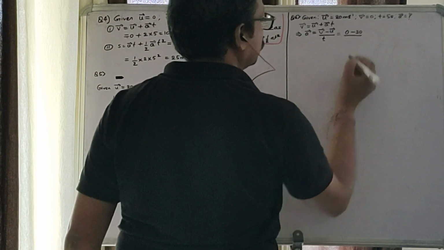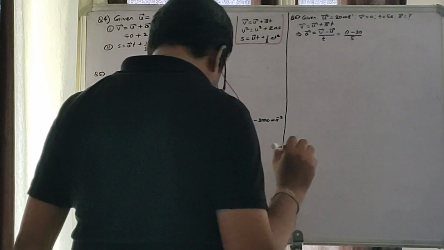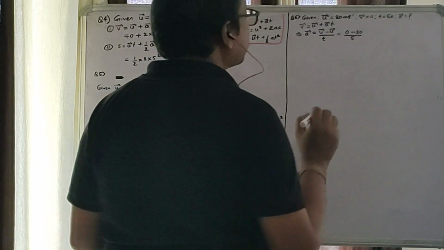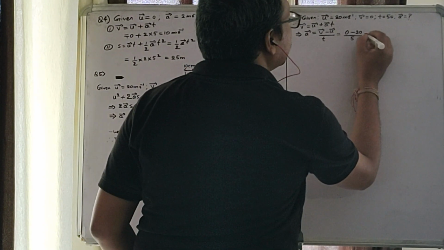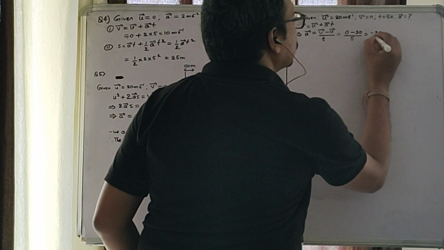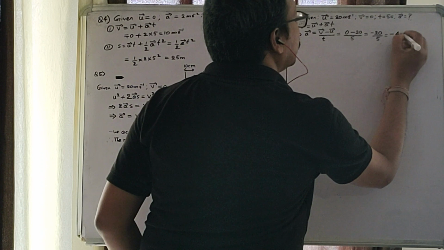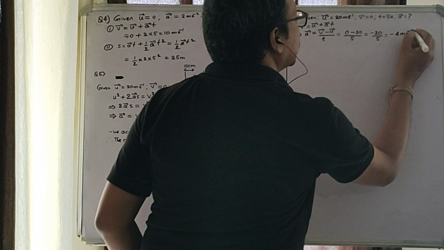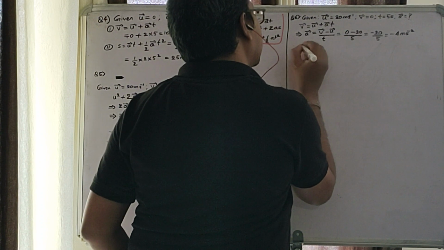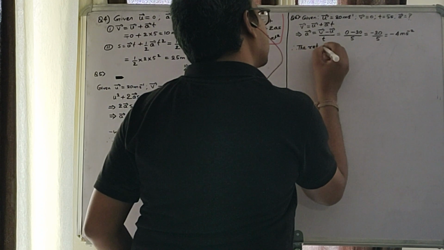The value of t? Yes, it's 5. So it is minus 20 by 5, which becomes minus 4 meter per second squared.